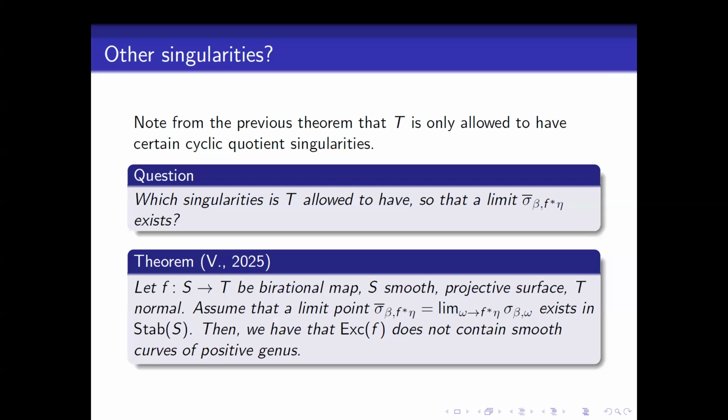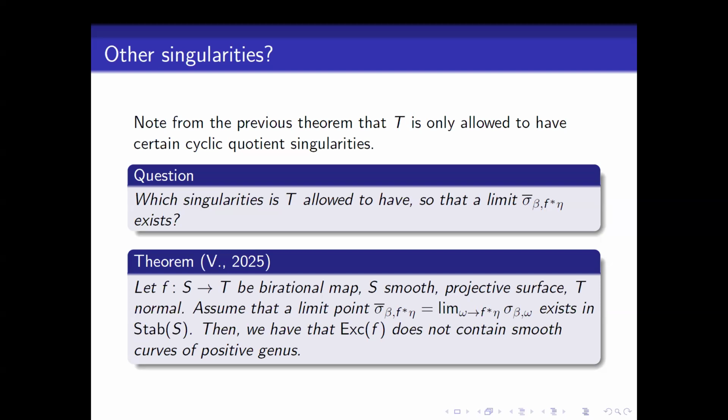That's a good question. So, well, first of all, one needs to be a bit careful here because the moduli space, of course, depends on the choice of a numerical class. And these stability conditions live only on S, so a priori it's not immediately obvious that one actually gets a stability condition on T. Of course, one can sort of copy beta and eta and try to mimic the construction on the singular surface T. This is due to Langer.